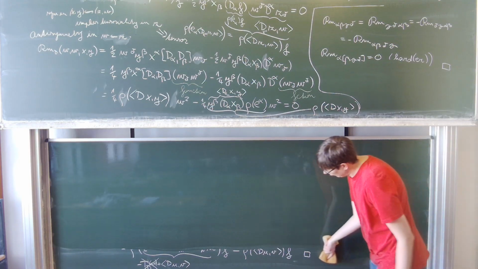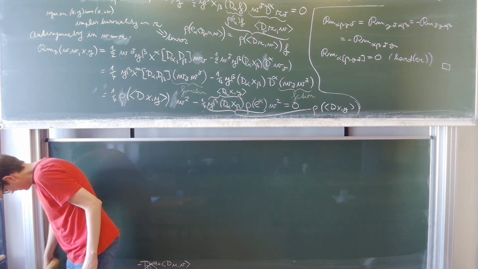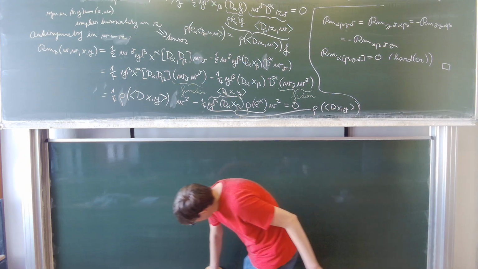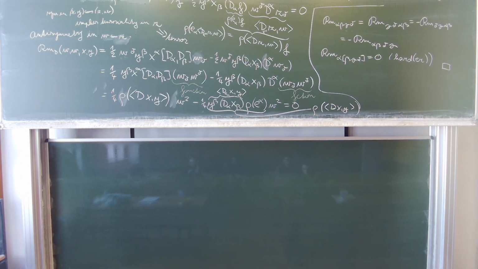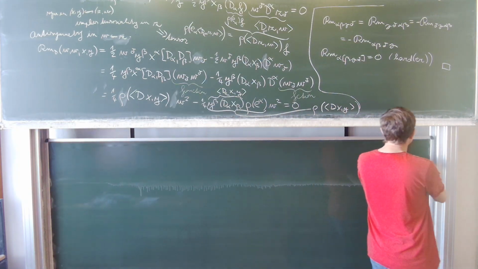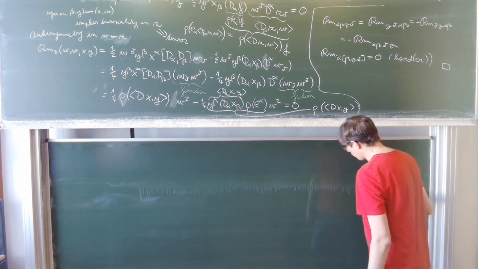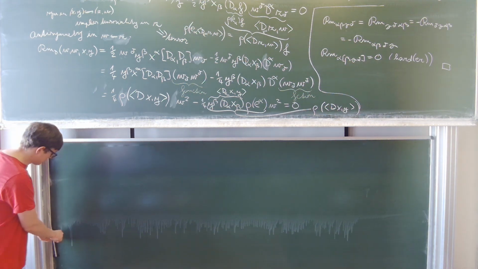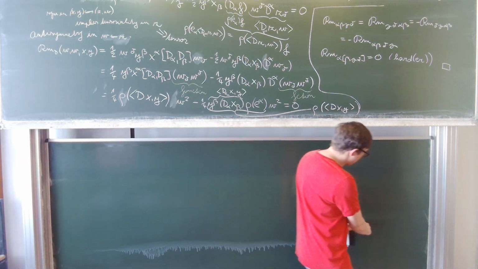But at least we have a tensor. That's something. So the strategy now is to take particular contractions of this tensor and show that if you do it cleverly, then those particular contractions will in fact be independent of the representative, and will only depend on G and sigma.